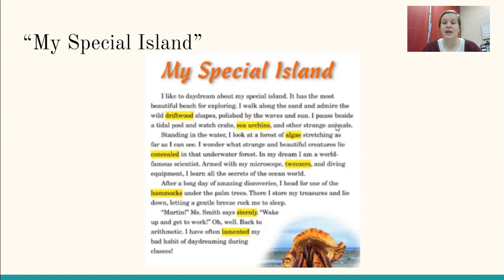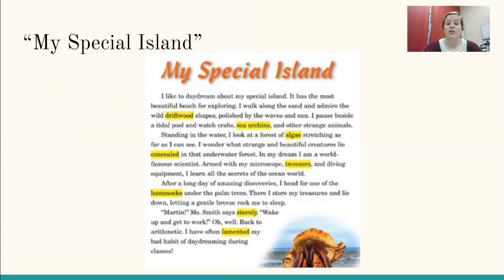Let's keep reading. I pause beside a tidal pool and watch crabs, sea urchins, and other strange animals. Standing in the water, I look at a forest of algae stretching as far as I can see. I wonder what strange and beautiful creatures lie concealed in that underwater forest. In my dream, I am a world-famous scientist armed with my microscope, tweezers, and divining equipment.